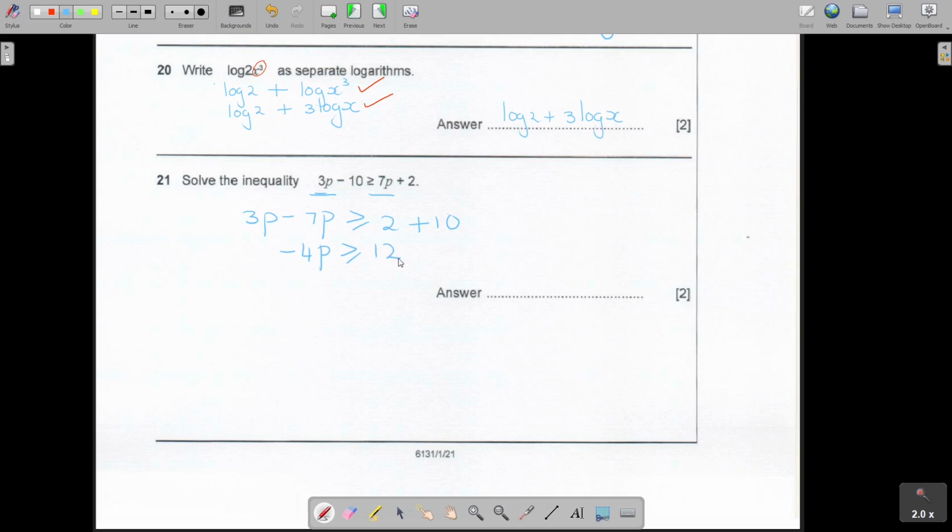Now, actually, I shouldn't write this because I'm going to know to divide by -4. So I must already swap the sign from a bigger to a smaller. So I get p is smaller and equal to -3. And I'm just going to write it in there. I'm going to say p is smaller and equal to -3. They will give you a mark for bringing the correct terms over, and then for the final answer.